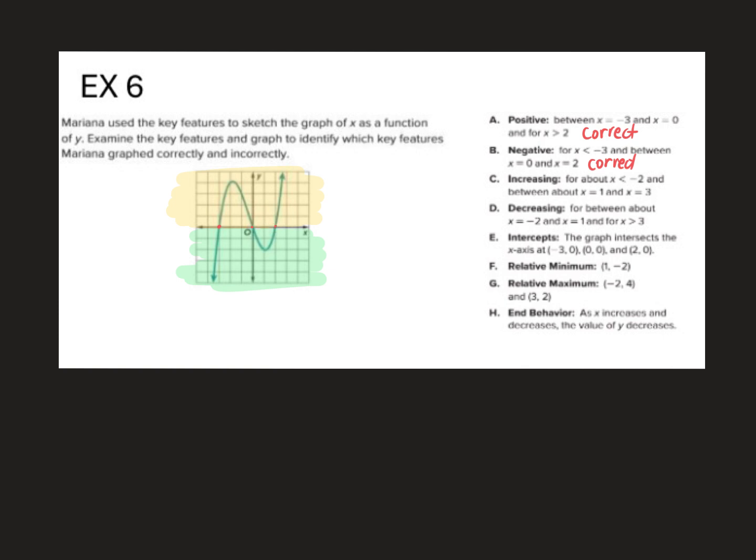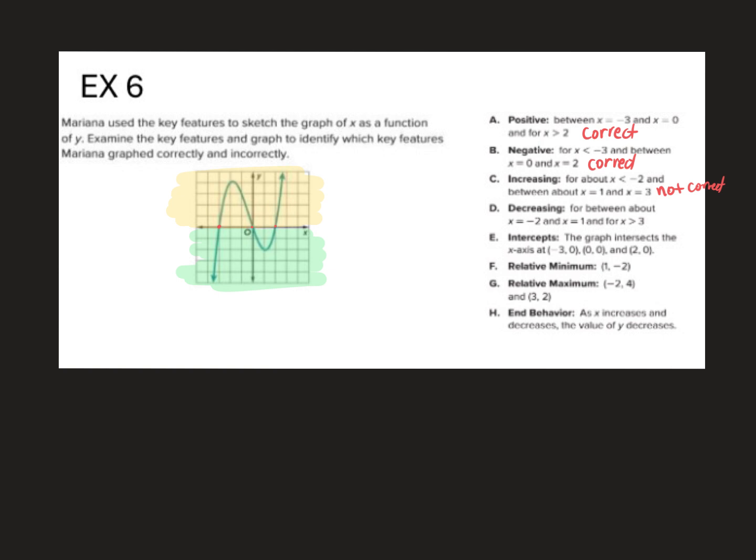Only between 1 and 3 is it increasing? Now, I agree it's increasing between 1 and 3, but it's increasing actually for x greater than 1. So I think this limits it, and so that one is not correct. That description is not correct.